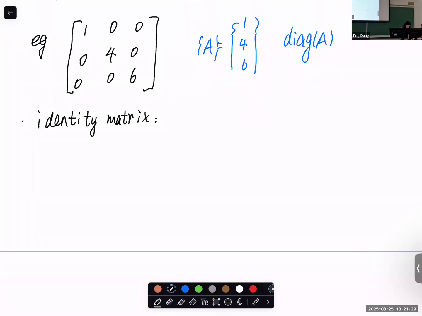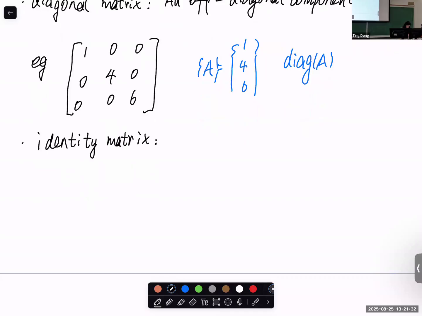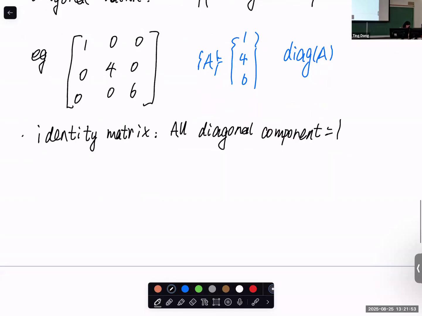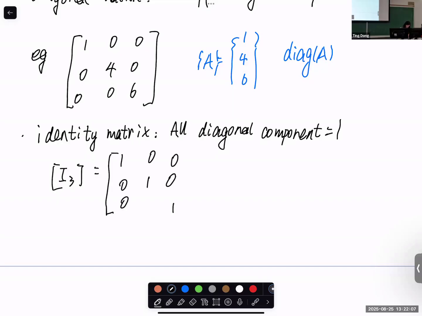So it's basically a special case of the diagonal matrix, where all the diagonal terms become one. Let's say it's a 3 by 3 matrix, I use the identity matrix, I use 3 here, then it's basically 1, 1, 1, and other components become 0.